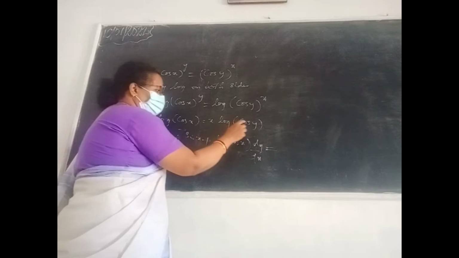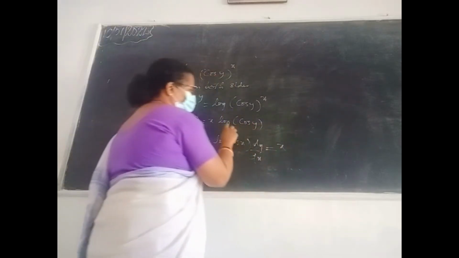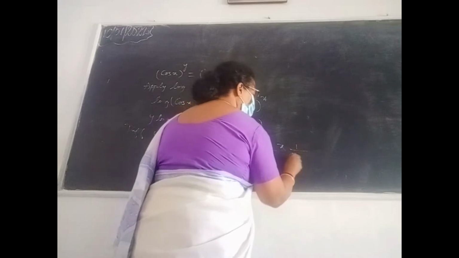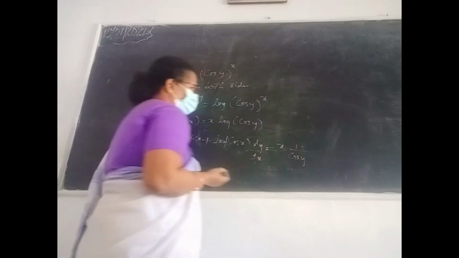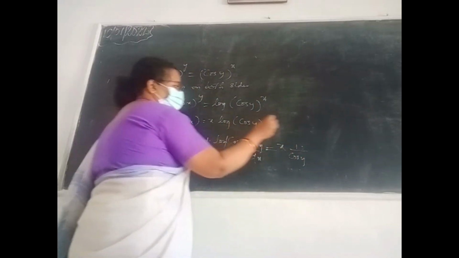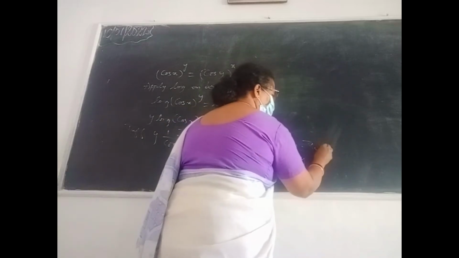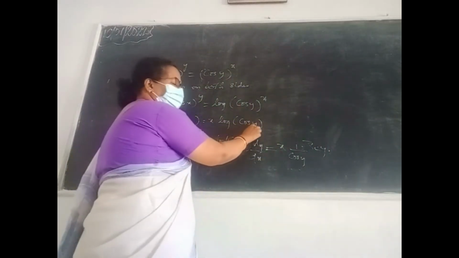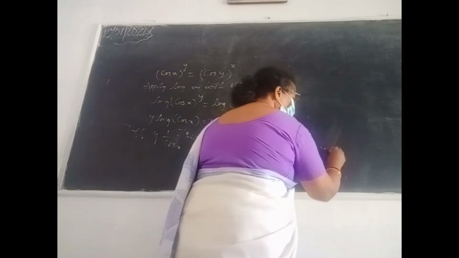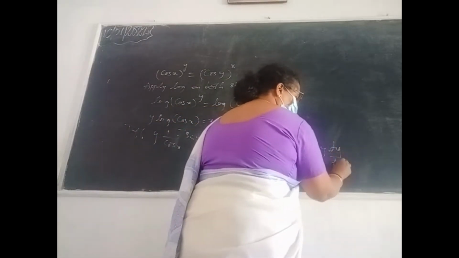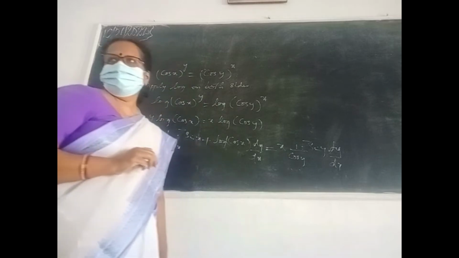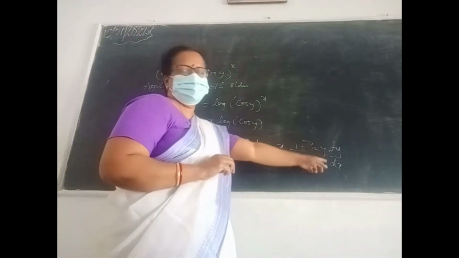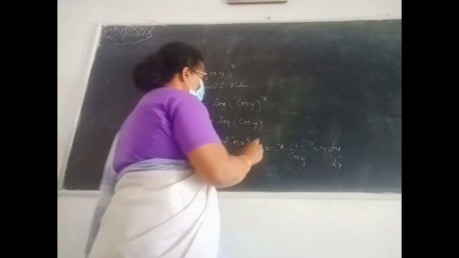So tell me, what is the derivative of log cos y? 1 by cos y into negative sin y into, it is y, so dy by dx. Whenever y comes, you should write dy by dx, otherwise your answer will be wrong.